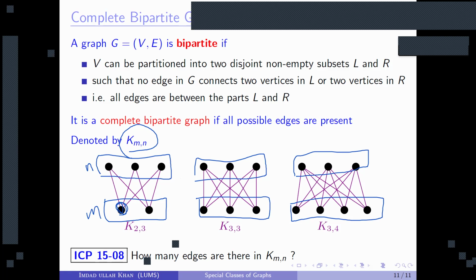What was K at the start? Complete graph. Over there, we used to talk about K5, K6. Now we are putting two subscripts because we have two partitions. And the number of edges between those two partitions are going to be all maximum possible edges, and their count is mn. Very good. So that's it for today. Thank you very much.